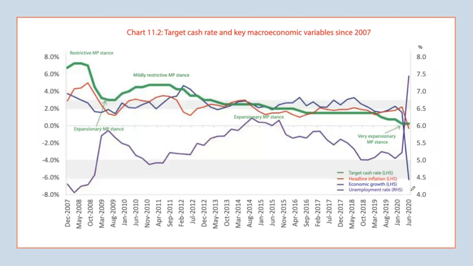Now, if you're wanting to see what's been happening since 2007, you can try and see these potential links. You can see that the green is our target cash rate. And way back in 2007, this is where we had our highest interest rates. This was because we had a very contractionary approach. And you can see this is why. This is because our inflation rate, our red line, was outside of our target of 2 to 3%.